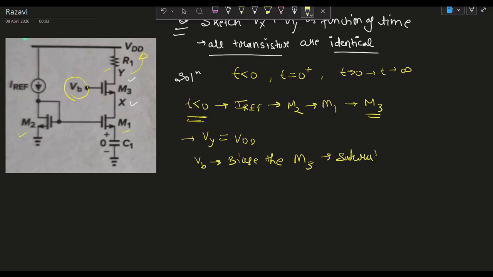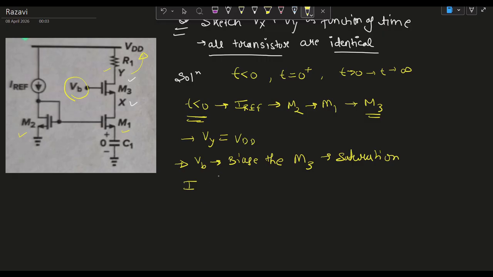It's a default case: we apply a bias voltage to any MOSFET to make it operate in the saturation region. In saturation, there is a current flow ID in M3.